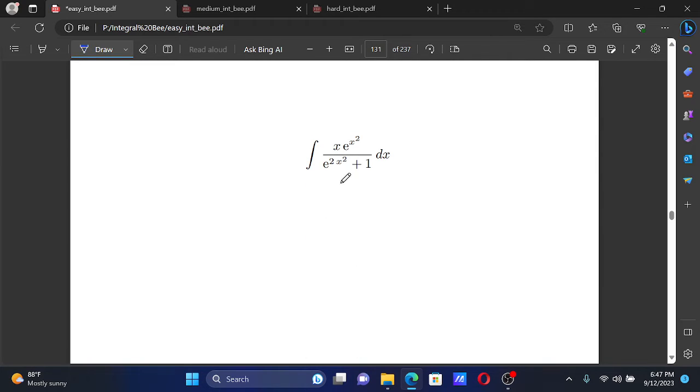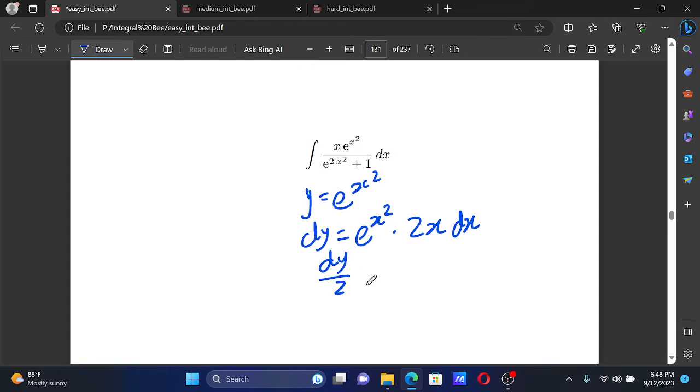For this one, we can just let e to the power x squared as y. Then dy will be e to the power x squared times 2x dx. So dy by 2 equals e to the power x squared times x dx.